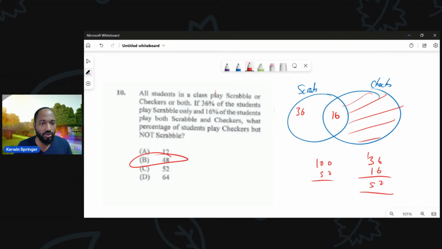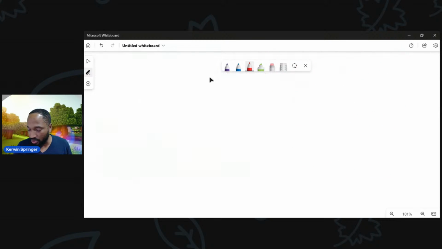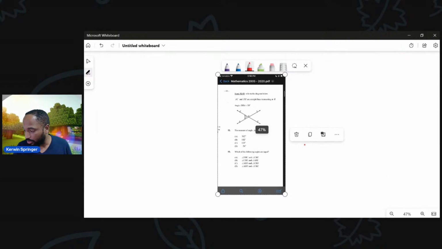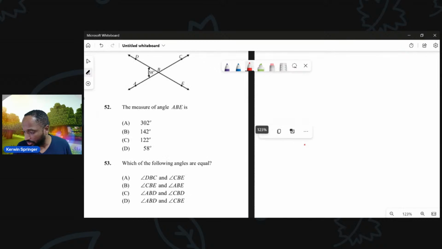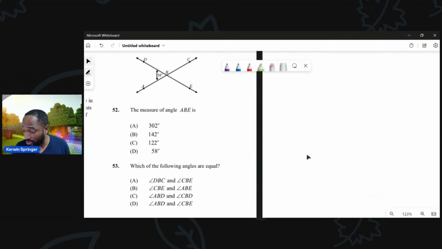Oh, Conkel sent me back the whole thing. Oh, it was from before. So which of the following angles are equal? Conkel, don't tell me you don't know how to do this question. So which ones are equal? This equals this, and this equals that.